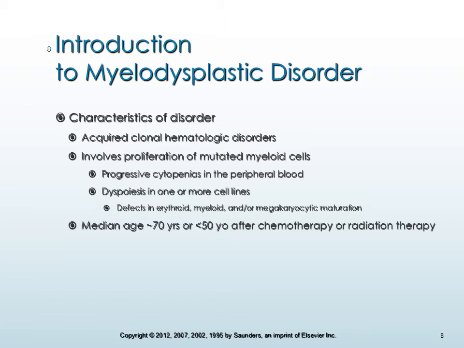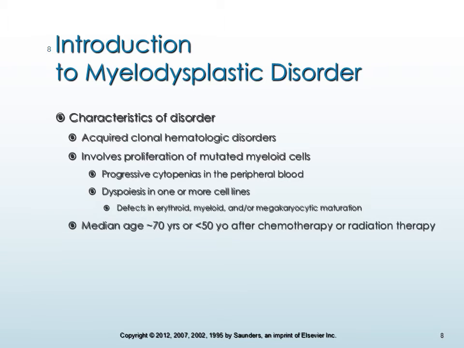So let's look at what is involved in myelodysplastic syndromes. Myelodysplastic syndrome, as we started off, can be a result of therapy, or it can be de novo, a primary myelodysplastic syndrome. They are a group of heterogeneous diseases that result in proliferation of abnormal stem cells.